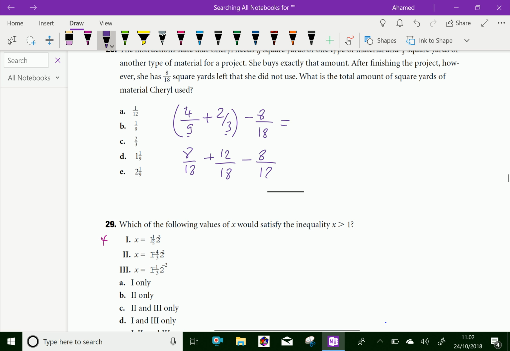So 8 plus 12 is 20, 20 minus 8 is 12, so 12 over 18, which gives 2/3.